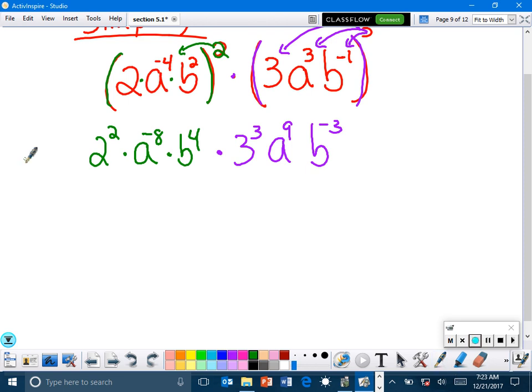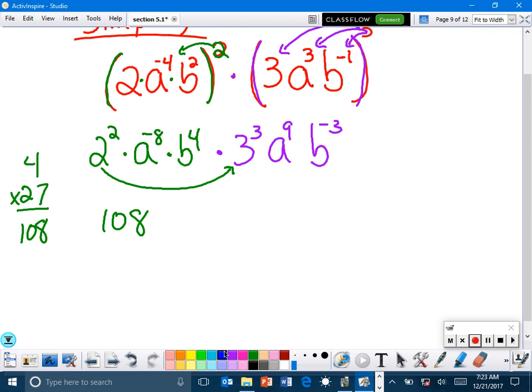So again, 2 to the second power is 4, 3 to the third power is 27. And I'm going to multiply those together. And that becomes, I believe, 108. All right, so these two become 108.